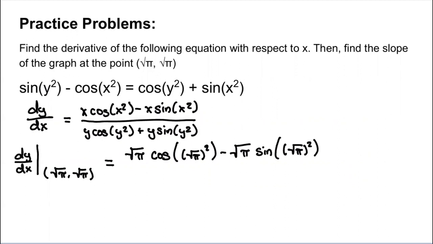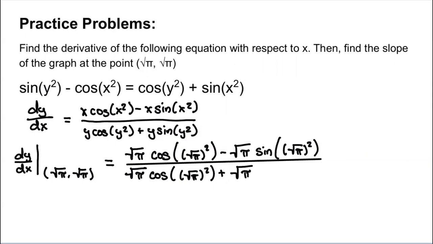You want to be really careful with your parentheses and your exponents so that you don't get mixed up. So please take your time if you are not comfortable with this kind of stuff. So now the denominator, we have root pi cosine of the square root of pi squared plus root pi sine of root pi squared.